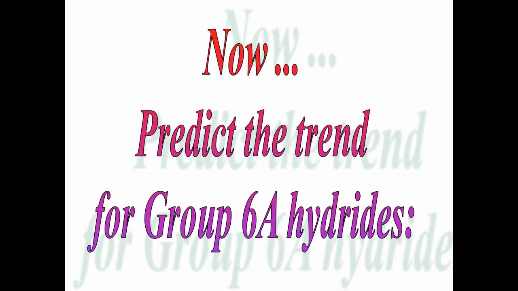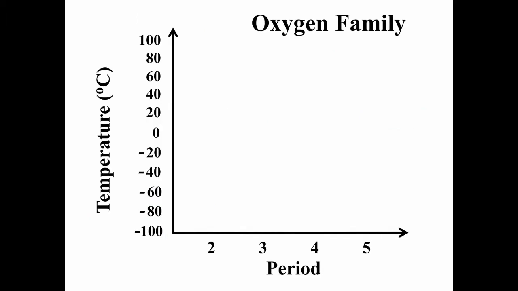Let's try the group 16 or 6A hydrides, which is the oxygen family. Sorry, I think I said chalcogens before. The nitrogen family is, of course, the pnictogens, and the oxygen family is the one that is the chalcogens.